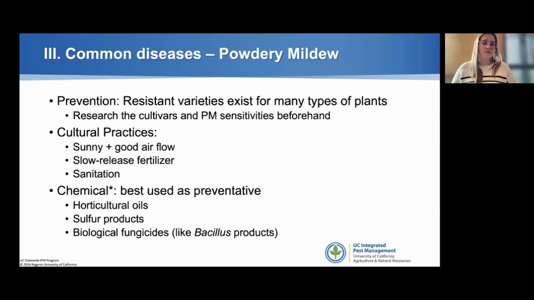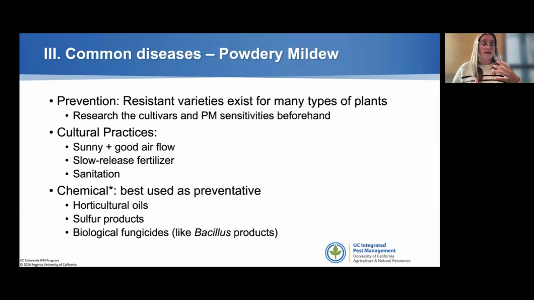Adding quick release fertilizer will encourage powdery mildew growth and disease. So sometimes if this is an issue, slow release fertilizer can be a cultural practice to help lessen your powdery mildew problems. And of course, sanitation, cleaning up that leaf litter when your garden is done, or if you're starting to get powdery mildew infection, you can remove those leaves.